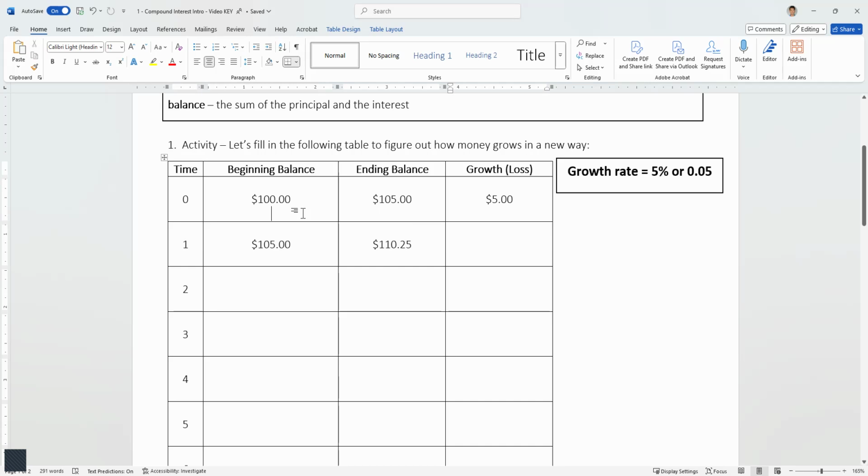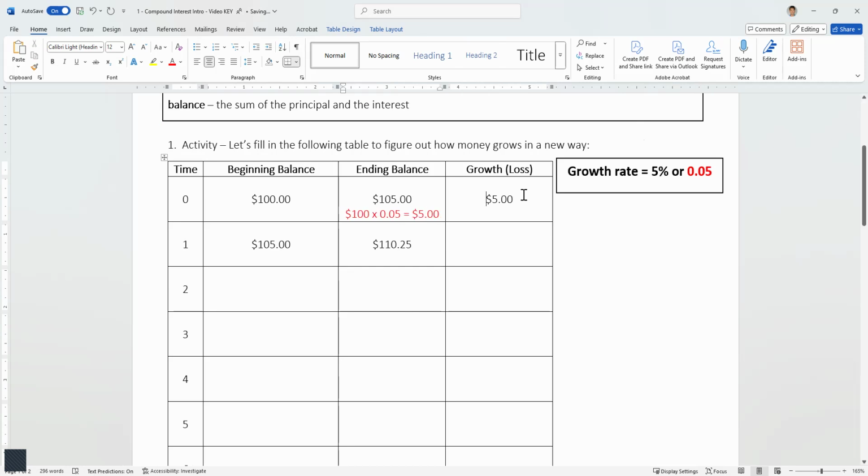So the question is, hey, Mr. Sutter, how do we get that? To find the ending balance, the calculation is very simple. So I'm trying to use what we did in the last class to say, hey, we did $100, right, which is the beginning balance, times that growth rate right here, which is 5%. But in order to do the math with it, we're going to use the 0.05. So I'm going to go and multiply by 0.05. And that's going to equal, guess what? $5, right?